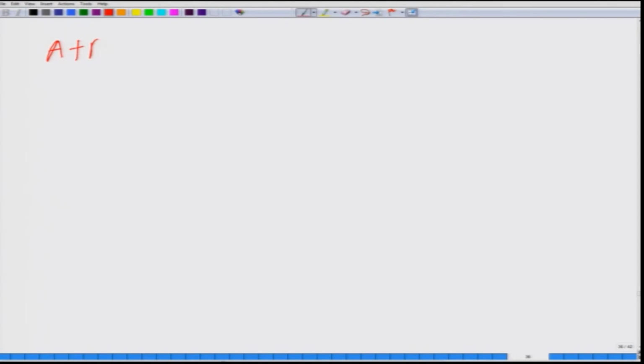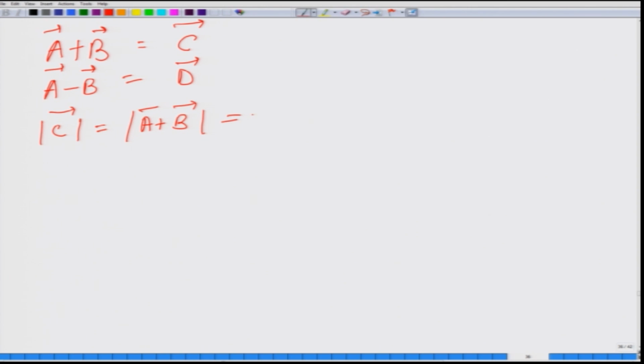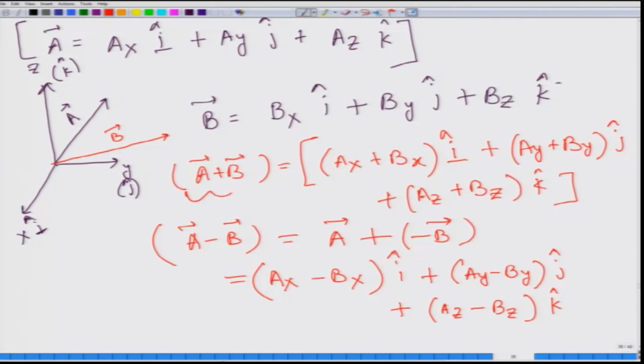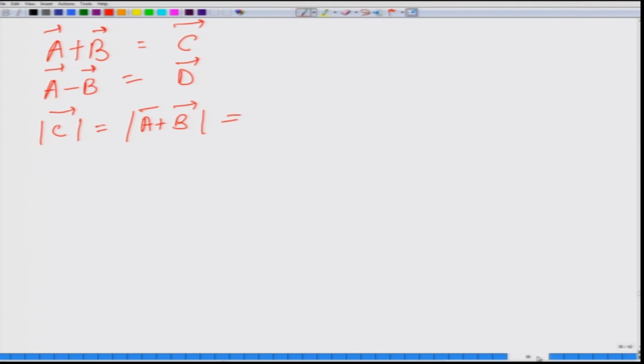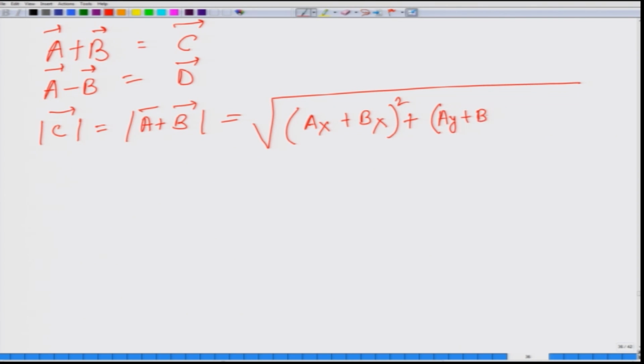So if I now take A plus B vector equal to C vector and A minus B vector equal to D vector, then what is the magnitude of C? That is the magnitude of the A plus B vector, which you can see from here. This is the A plus B vector, which I call C, and this is the A minus B vector which I call D. So this will be the root of AX plus BX whole square, AY plus BY whole square, AZ plus BZ whole square.